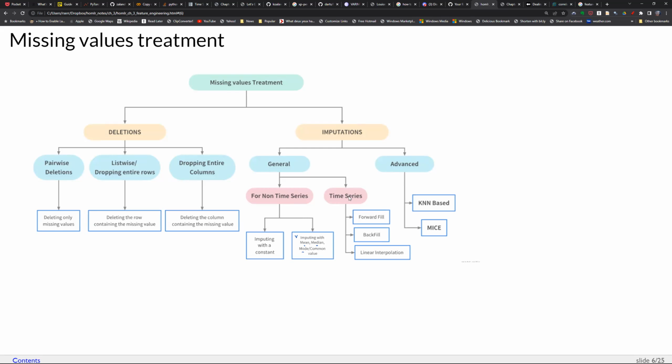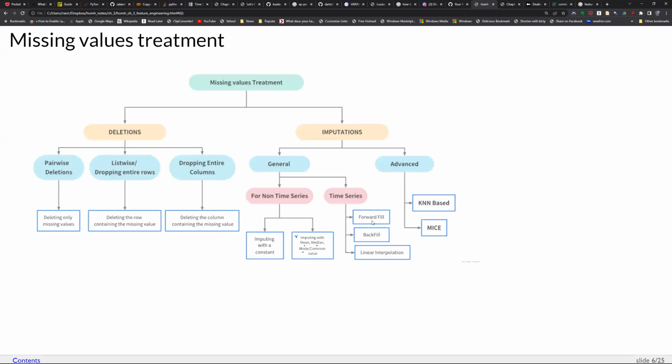In case of time series, you can use forward fill. So for example, you have a sequence of numbers with a date or a time. Then the missing values are going to be imputed by the value before that is not missing.